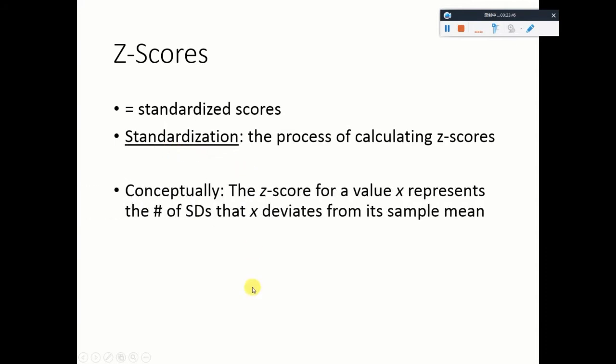Conceptually, the z-score for a value x, for any value, provides a very critical piece of information about x. That is, the number of standard deviations that x, the value, deviates from the mean of the sample from which x is from.